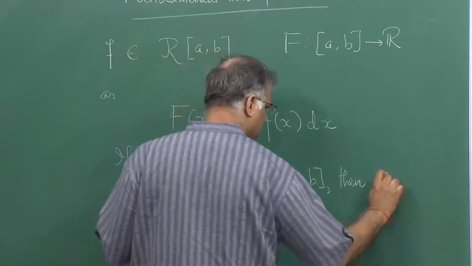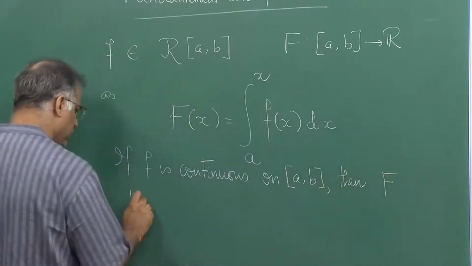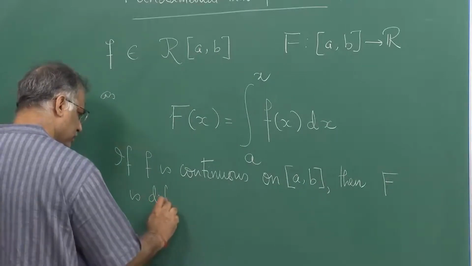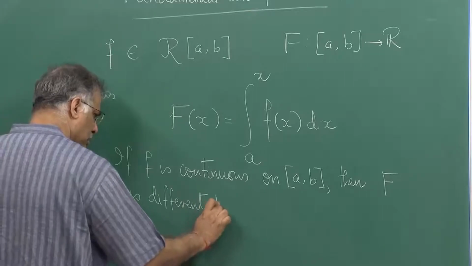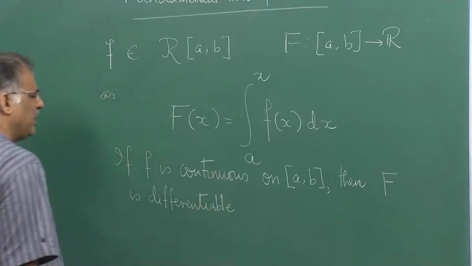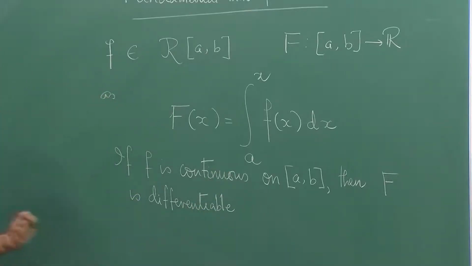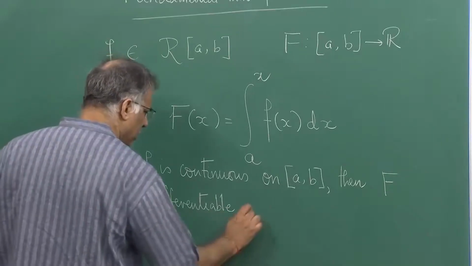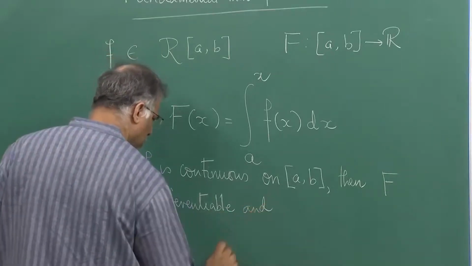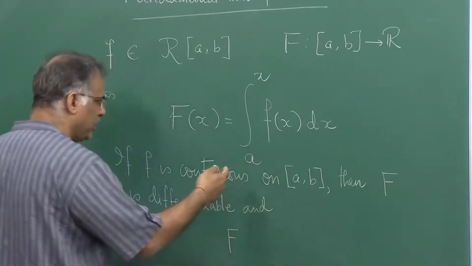small f is continuous and capital F is differentiable, of course. Right and left derivatives on the end points are assumed, because one might start asking what do you mean by differentiability in the closed interval.